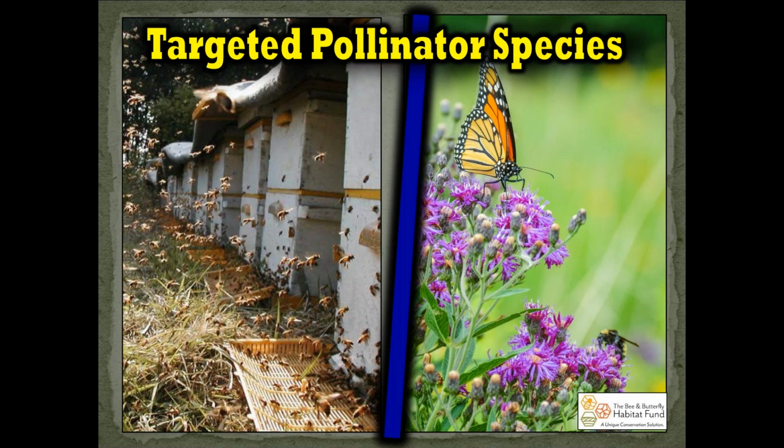So that can be fine, but you want to decide what you want to benefit. And if you want to benefit all pollinator species, great, even better, but that will help guide how a seed mixture is constructed.